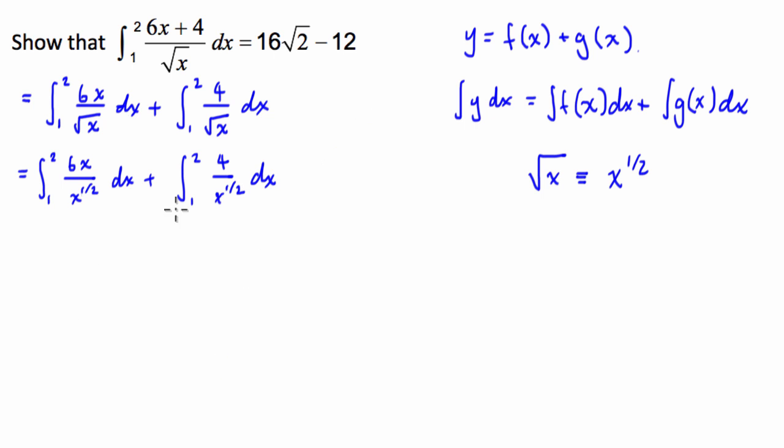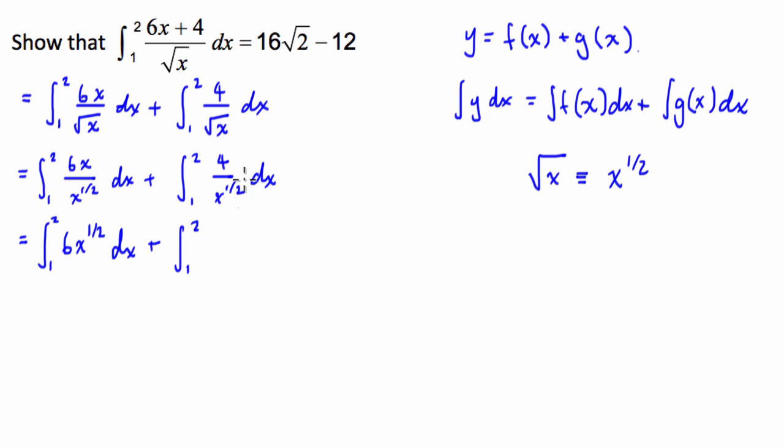Cool. Now that we've got that, we can finally simplify it and then do our integral. This is now going to equal the definite integral from 1 to 2 of 6x to the power of 1/2, because x to the 1 divided by x to the half is x to the 1 take a half. Then we're adding to that the integral from 1 to 2.